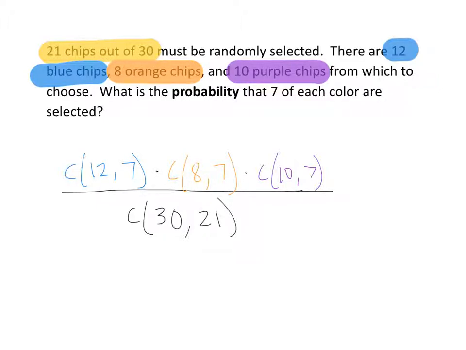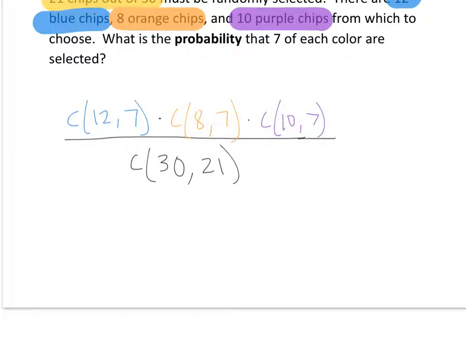So now this is what I need to type into my calculator, and I can certainly use the shortcut button that I know, and let's simplify this out. So the combination of 12 choose 7 is 792, and double check that on your calculator.